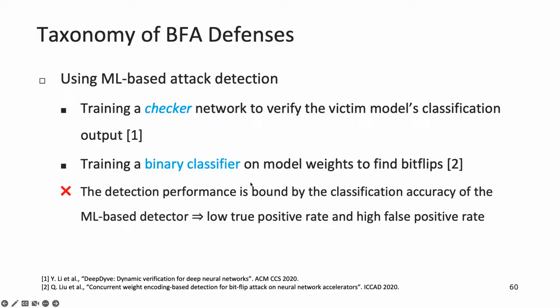The downside of this type of defense is that the detection performance is bounded by the task performance of the machine learning based detector. And in summary, in terms of the detection performance, these ML detectors might have low true positive rate and high false positive rate.